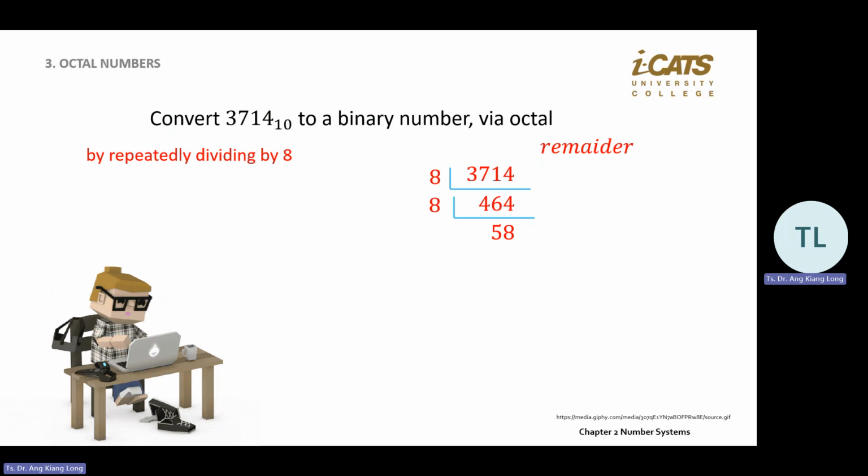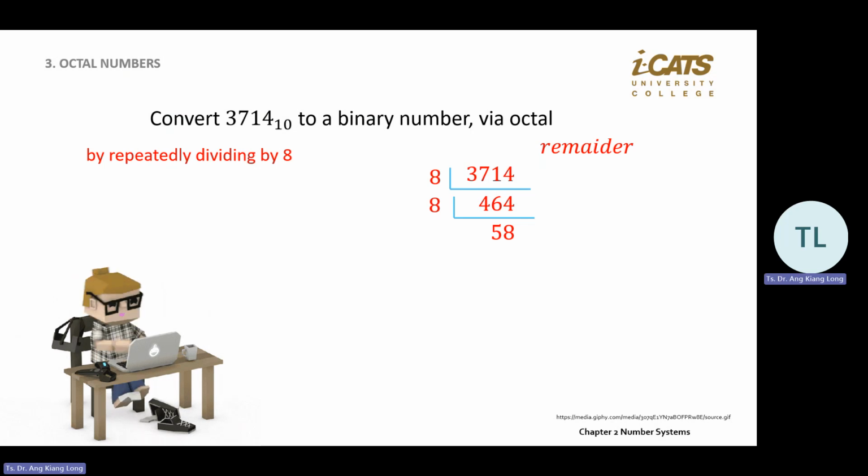Understand or not? If you see this kind of question with 'via', it means you need to convert that number into octal first, then back to binary. 10, 8, 2. So there are two steps: one step is to convert 10 to 8, then 8 to 2.